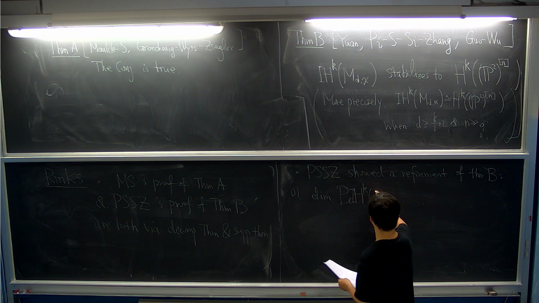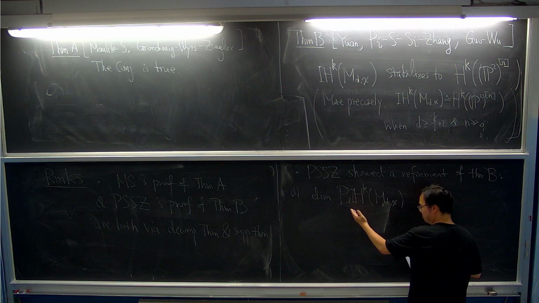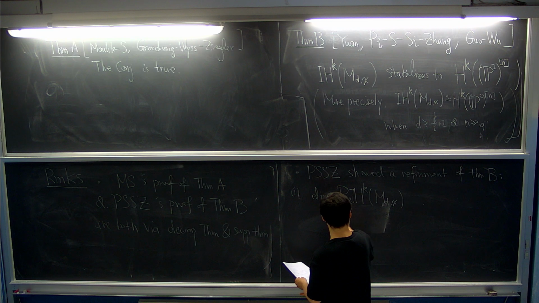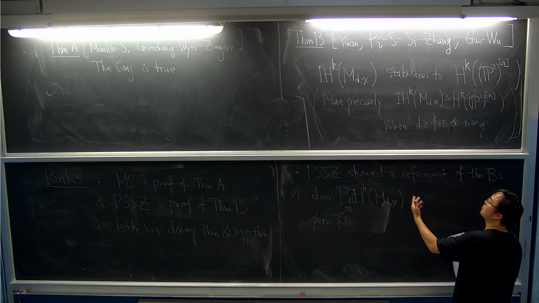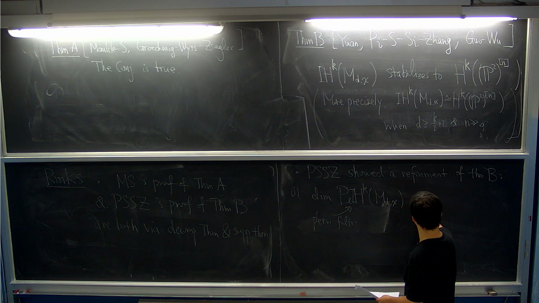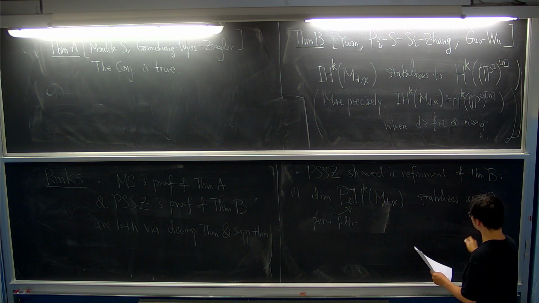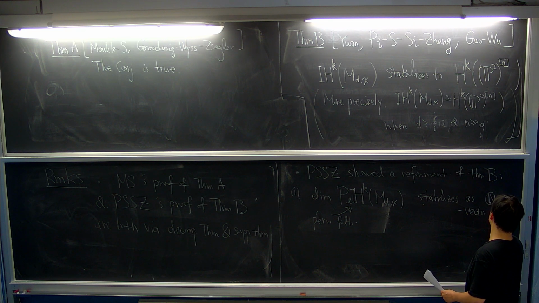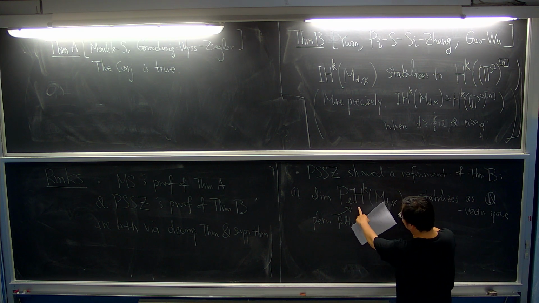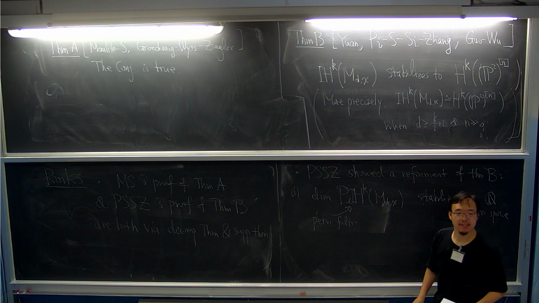So for M_{d,χ}, if you fix the L and the k, where P_L is the perverse filtration, and this filtration plays an important role in enumerative geometry for local P2, for example, this stabilizes as a Q vector space. So not only does the dimension stabilize, but actually each piece of P_L stabilizes.